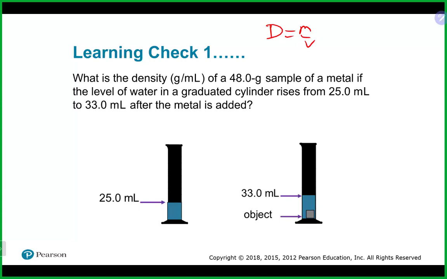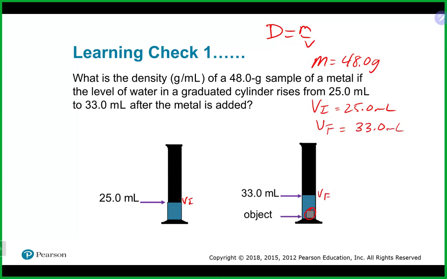So obviously 48 grams is a mass. We have water in a graduated cylinder, which is an initial volume of 25 milliliters. We're going to take that solid and put it in there, and that's going to give us a final volume after we add the metal, which is 33 milliliters.